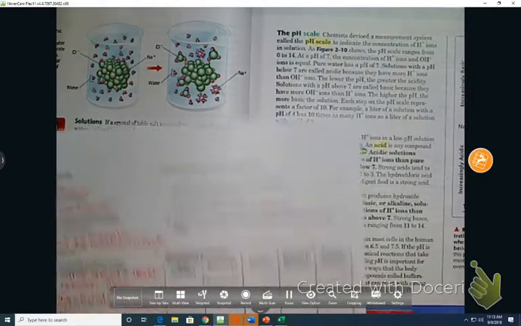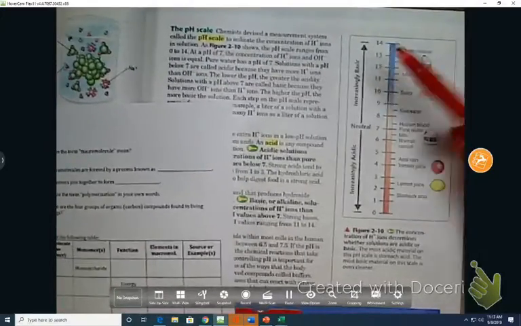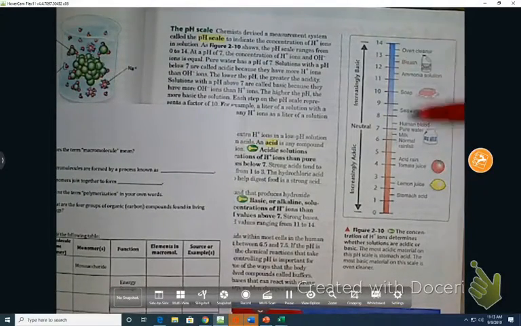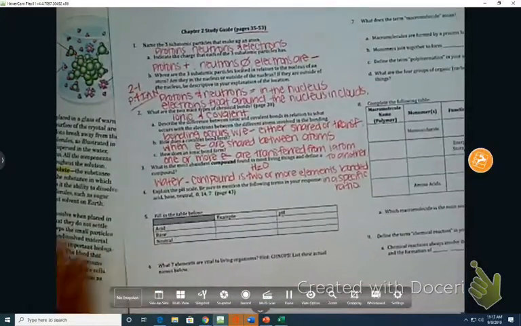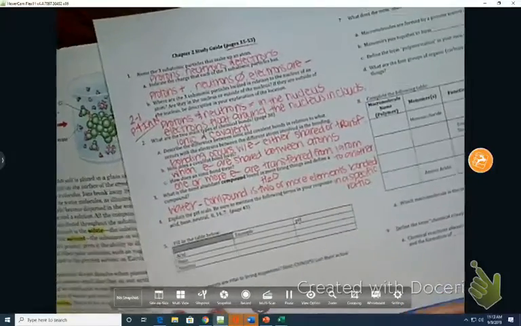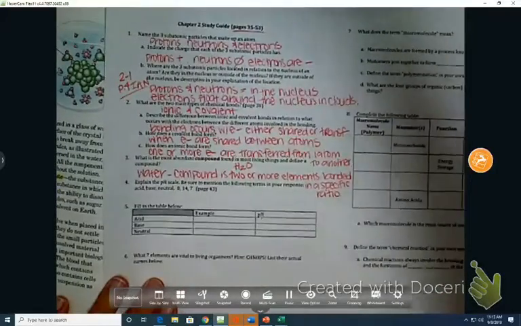Oh, I'm sorry, you can't see that. Let's try this again. You see 14 at the top and 0 at the bottom. 7 is neutral. So how can we phrase this for our notes? Okay, here, let me do this.